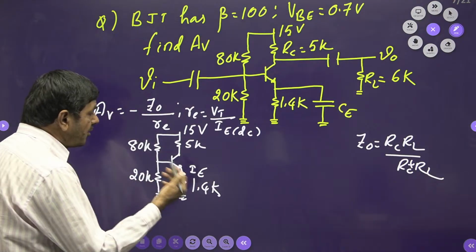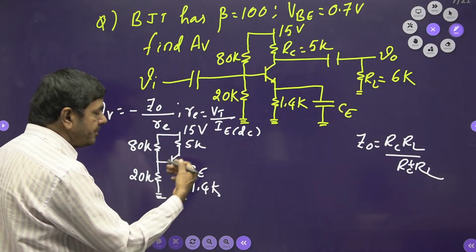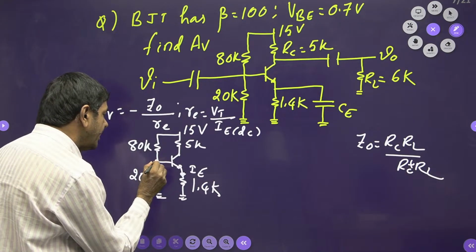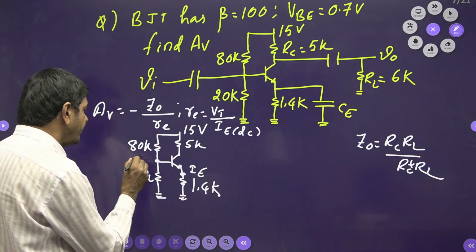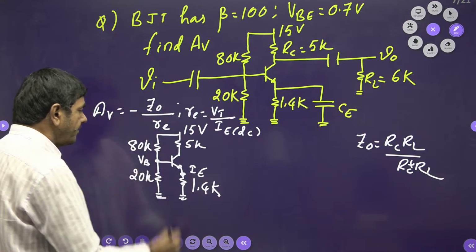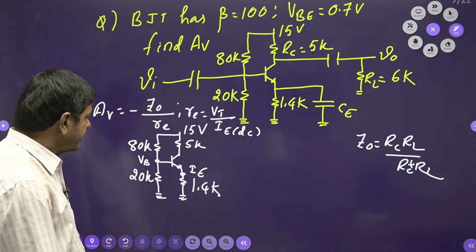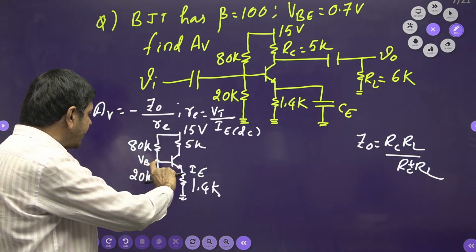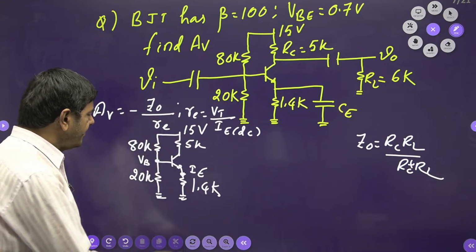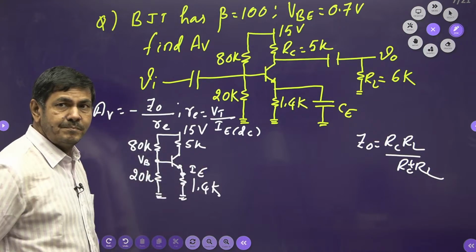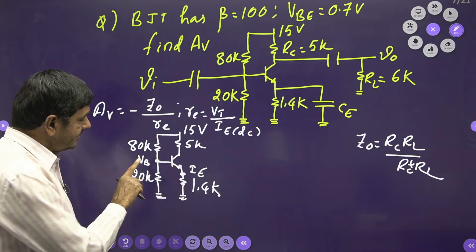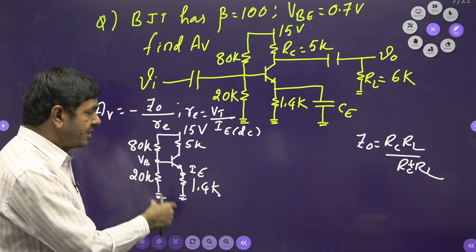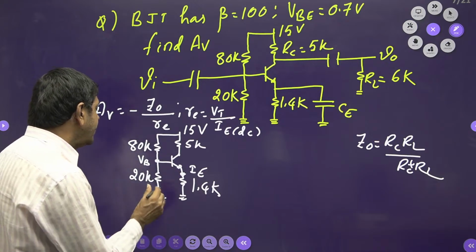When it is possible to find IE without IB, you can find this node voltage, I can take it as the base voltage only. Base voltage VB is nothing but the voltage across 20K. Base current I am neglecting. Base current is very small, I neglected it because this is an approximate methodology. In this case, what is VB?